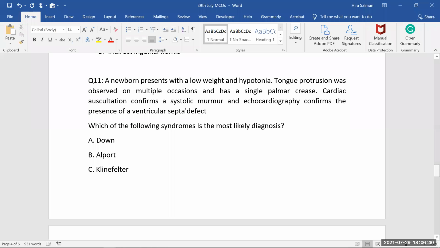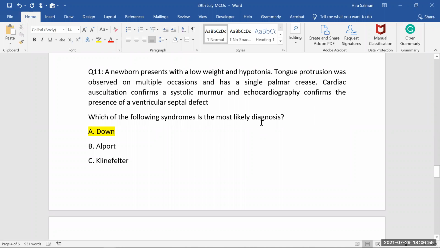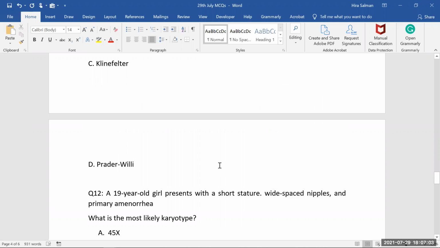So VSD is highly associated with Down syndrome. So VSD is there, single palmar crease, tongue is protruded. So based on all the symptoms, you can say it's most likely Down syndrome. And if they have mentioned the chromosome and chromosomal amount, that will directly give you a clue. Anyhow, single palmar crease, tongue protrusion, and VSD, three main important features are there in order to make a diagnosis of Down syndrome.